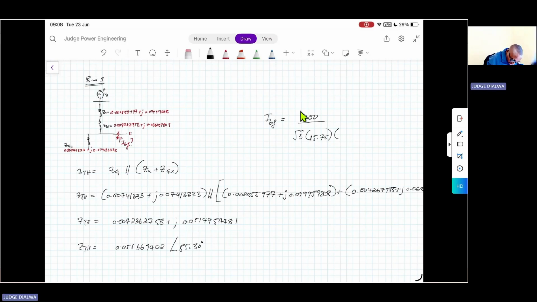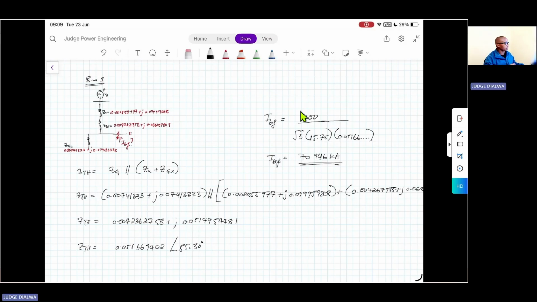You multiply that by the magnitude of the total impedance, which we calculated just now, and that is 0.05166 and the rest of it. When you compute that, it should give you 70.946 kiloamps. So this is the magnitude of the fault current at bus B1 when we have these three equipment.